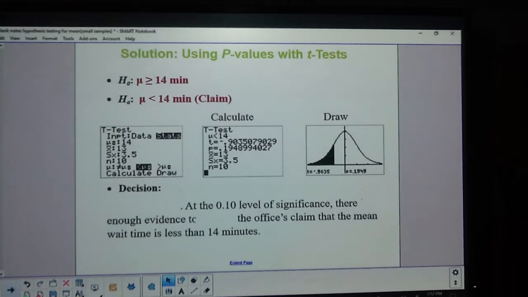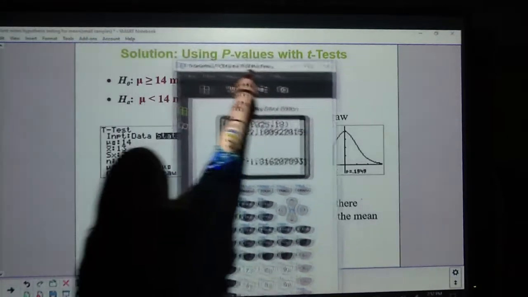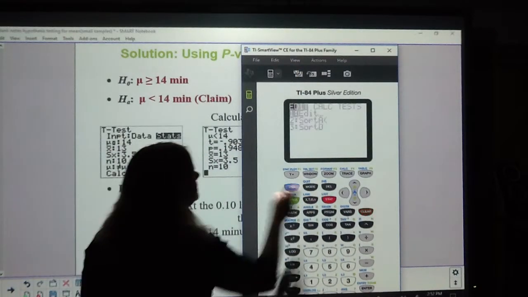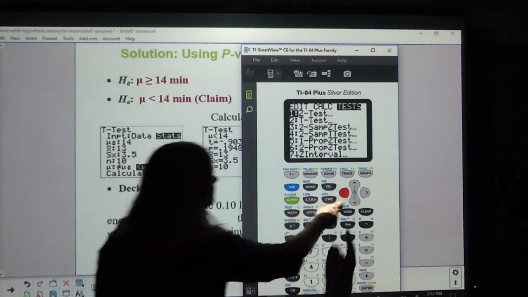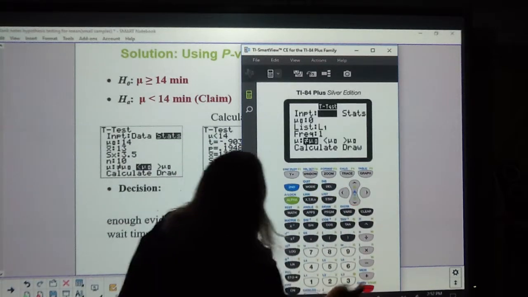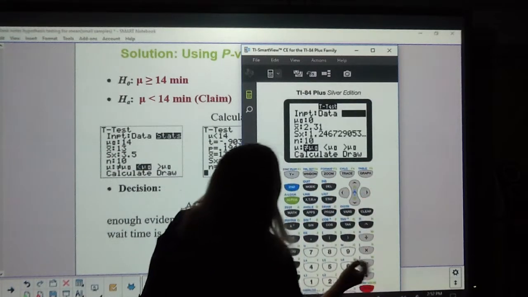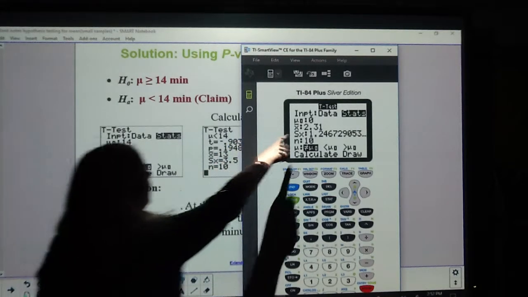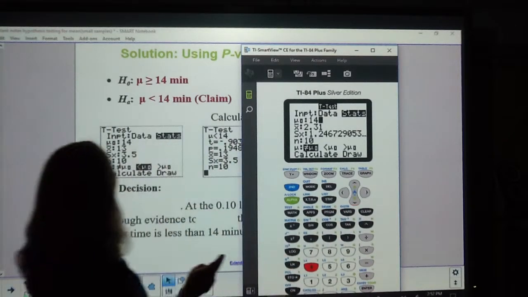So now let me show you another way to do this very quickly in your calculators. Here's my calculator. You would go to Stat, Test. This is a t-test. Last section was a z-test. I don't have raw data plugged in. I have the statistics. So my mu sub 0 is 14.